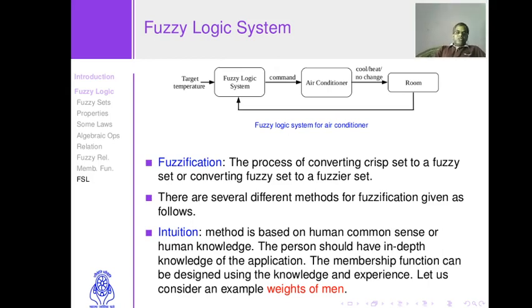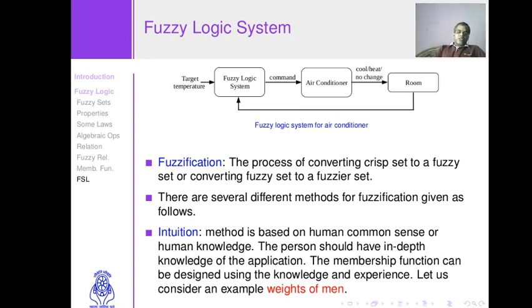So this fuzzy logic system measures the room temperature, or rather a different component is used to measure the room temperature, and that is also provided to the fuzzy logic system. So this fuzzy logic system converts the target value and room temperature to some fuzzy quantities.